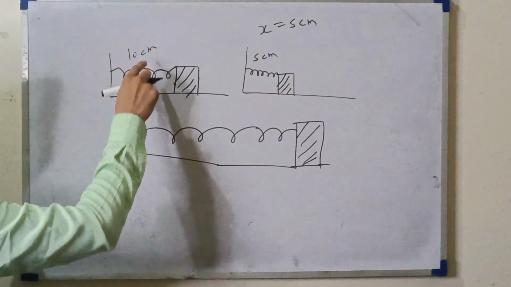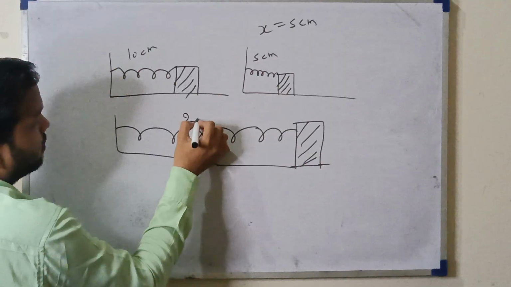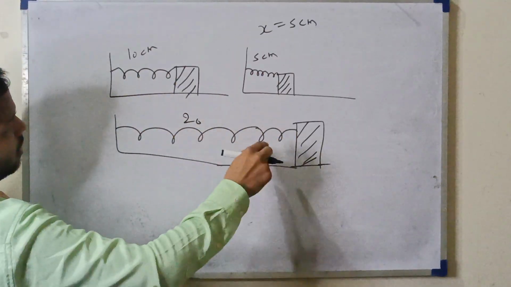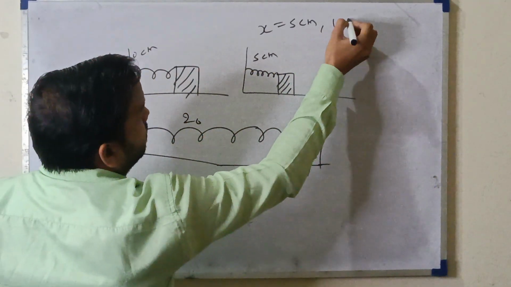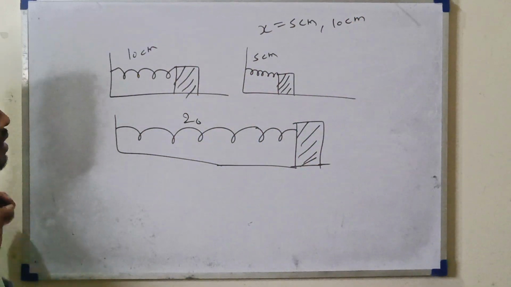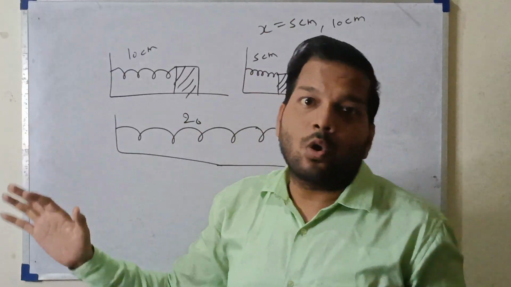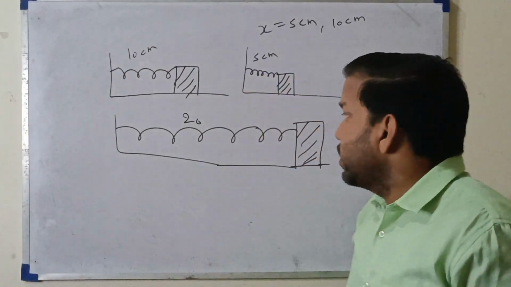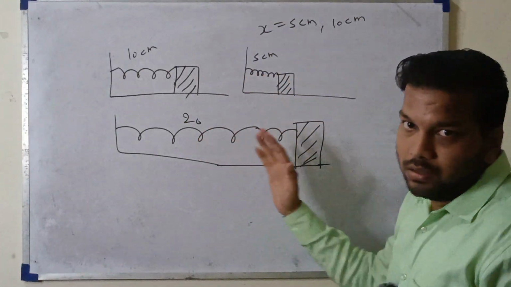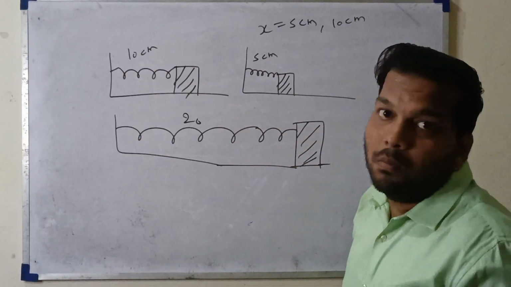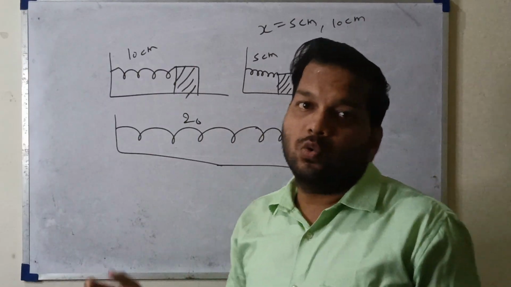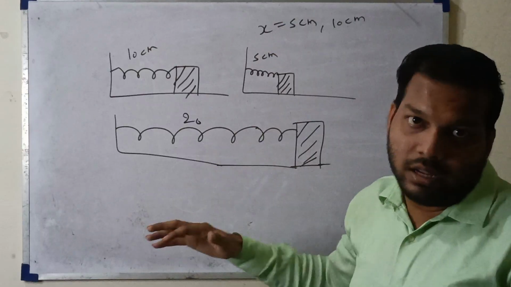Value of 10 here and value of 20 here, difference how much? 10 cm. Right? So in this way, when you push or compress a spring, or when you expand or extend a spring, you must work. You have to do work to compress or to extend any spring.